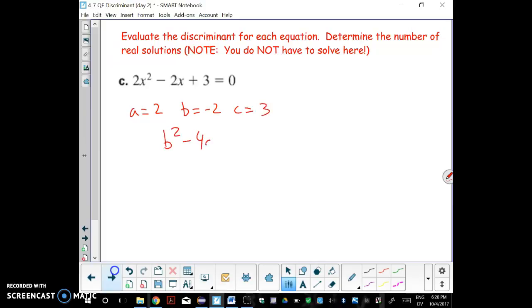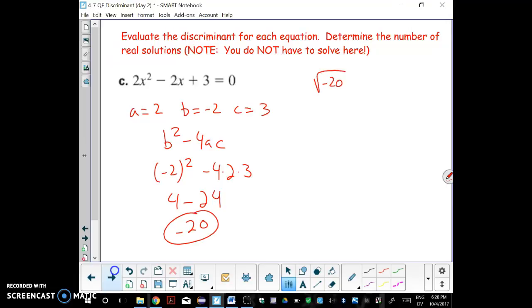Here's the discriminant, the part underneath the check mark. -2 squared minus 4 times A times C. 4 minus 8 times 3, so that's 24. And so that's going to be -20. So that means, again, if we were doing our formula, we would have -20 in the check mark, which isn't a real number, right? So after we find the discriminant is negative here, we can just say no real solutions.